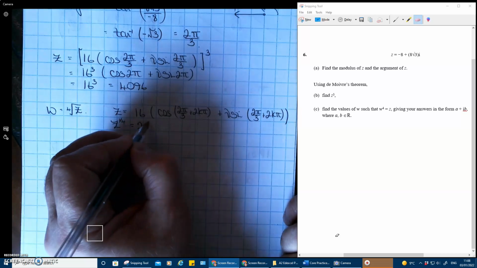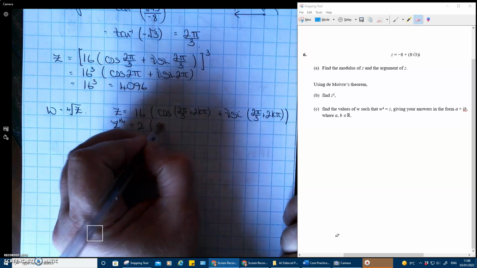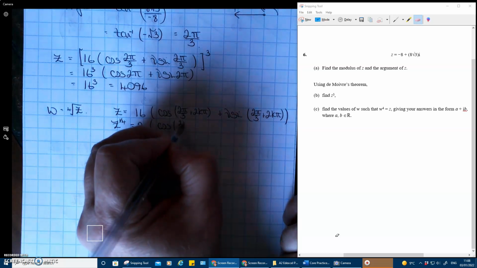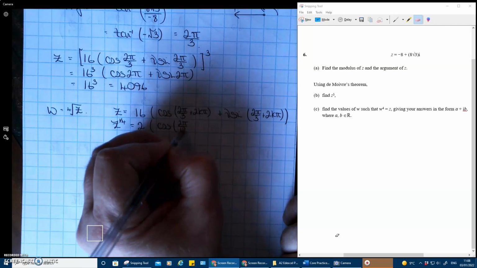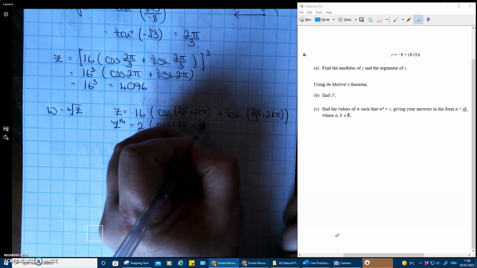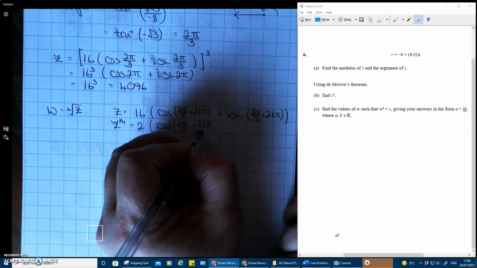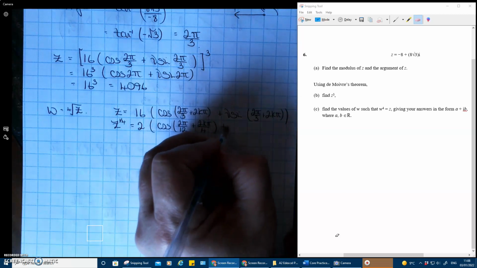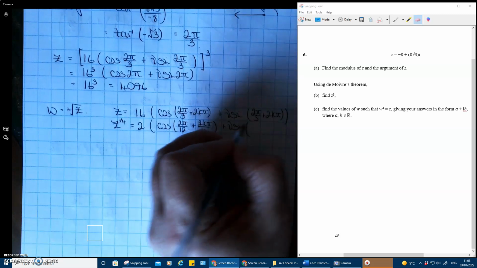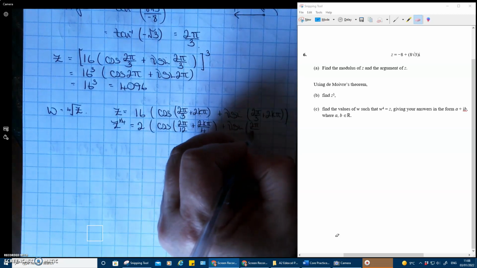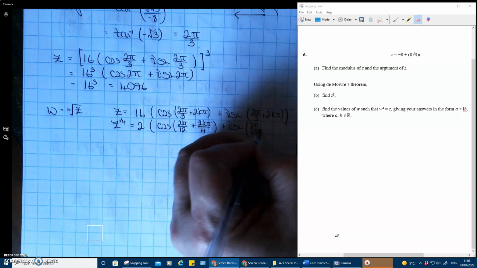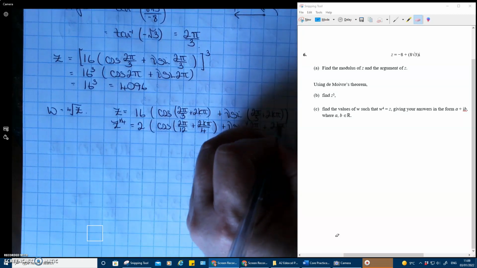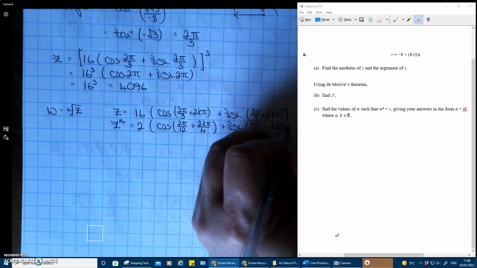And now I'm going to do cos of 2 pi by 12 plus 2k pi by 4 and plus I sine 2 pi by 12, because I'm dividing by 4, or multiply by a quarter, 2k pi by 4.